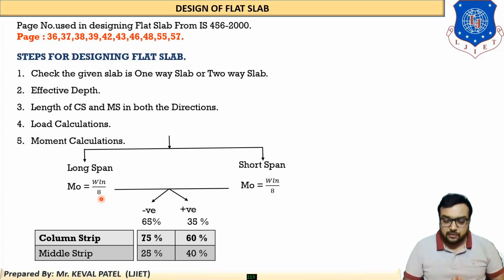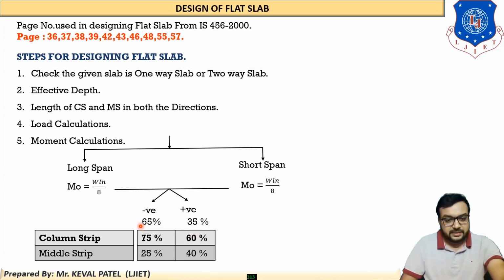After finding out the moment, there are two parts. The first one is negative moment and the second one is positive moment. This is our M0. Say for example, if our moment is 100 kilonewton meter, then 65 kilonewton meter is considered as negative moment, and the rest, 35 kilonewton meter, which is 35 percent of 100, is considered as positive moment.